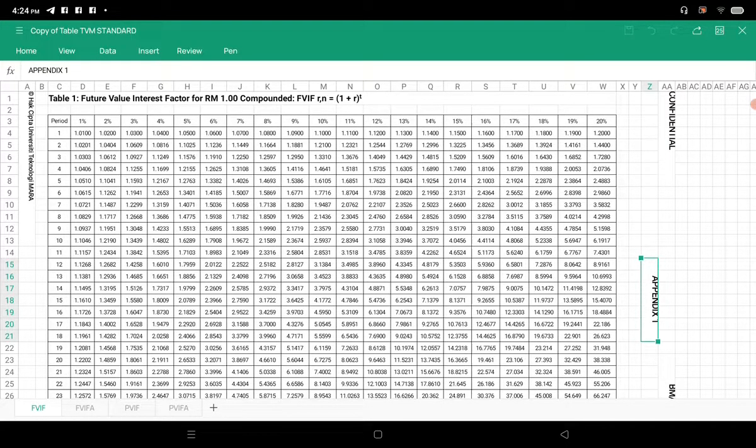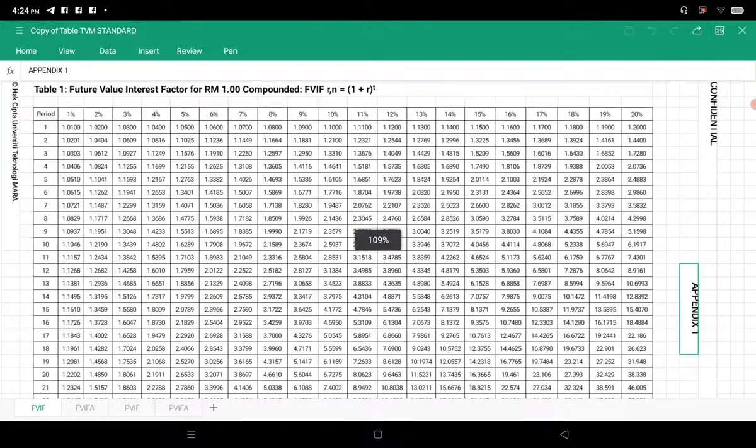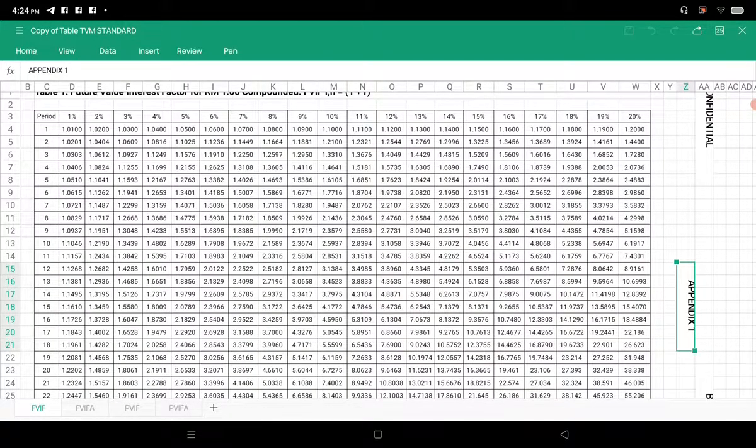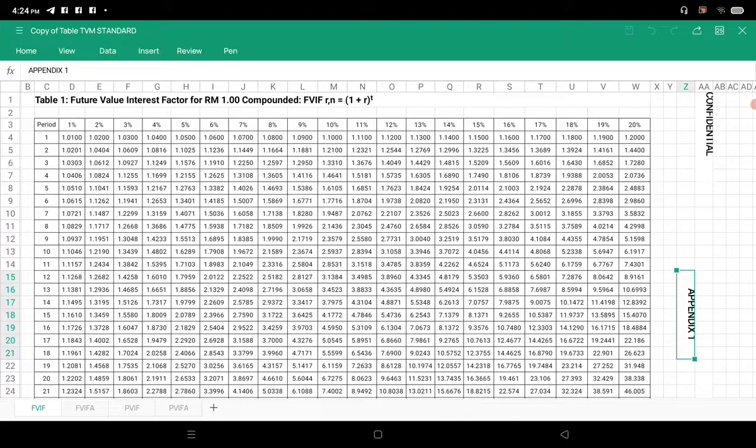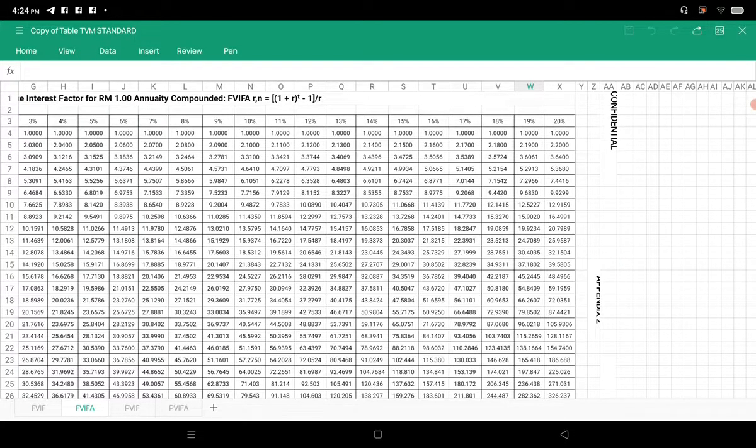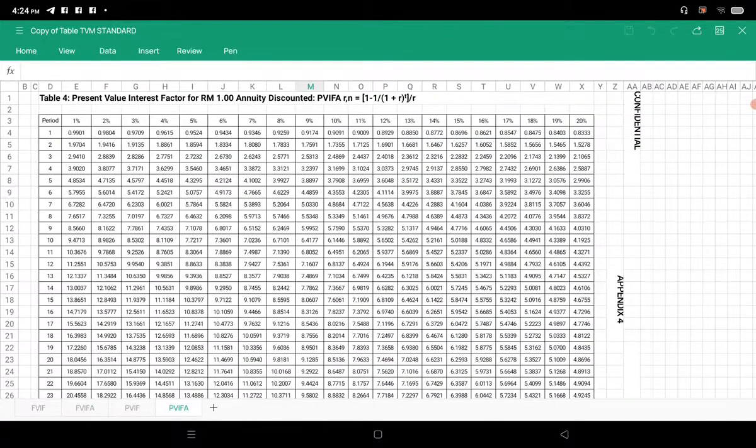Also, you are calculating the single one. But for annuities, we cannot use this schedule anymore. You have to refer to either FVIFA or PVIFA. That's why I'm highlighting the difference between the single cash flow and annuity.